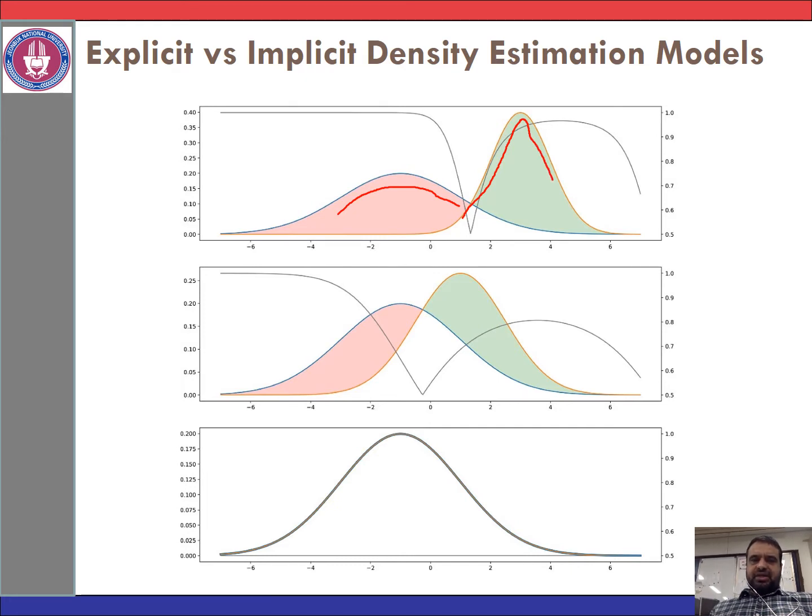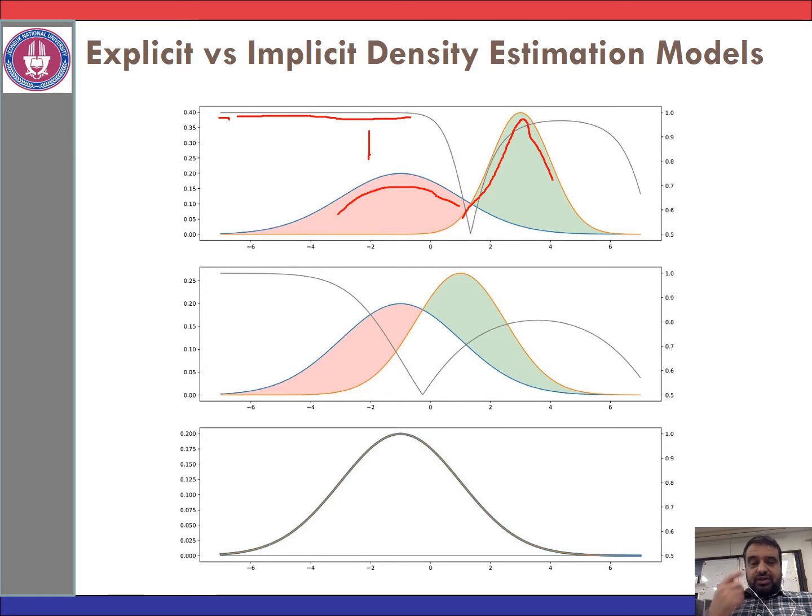Now here we can see that this is another model which has high confidence here that this portion belongs to this distribution and this portion belongs to this distribution. We can see it from this curve. So the model has high confidence that both the distributions are different from each other.